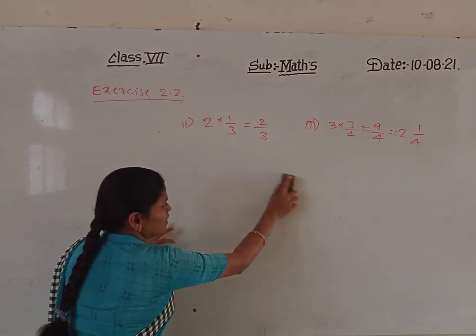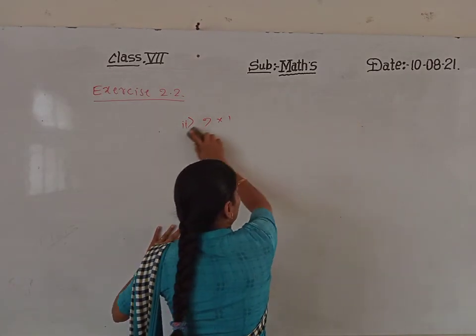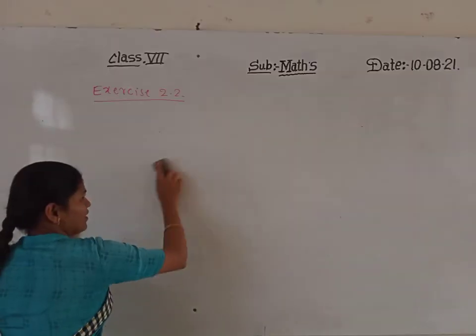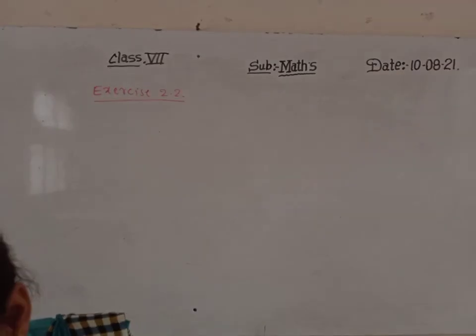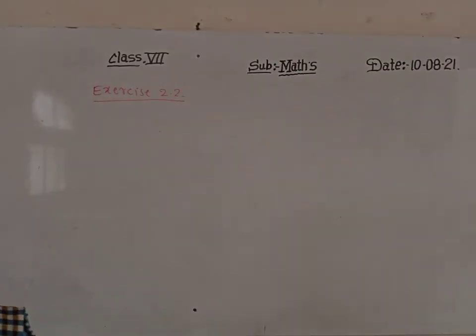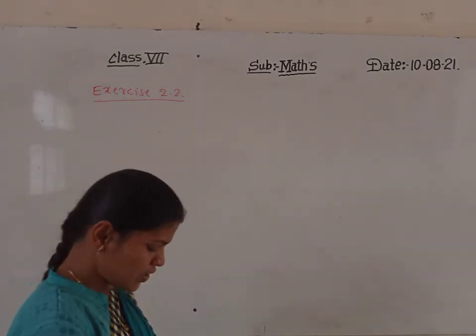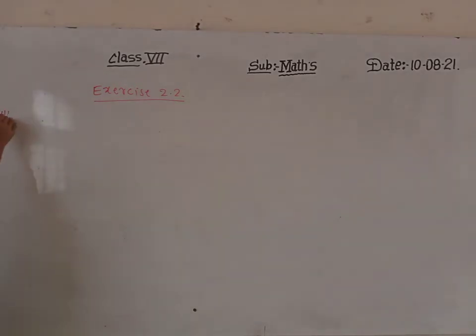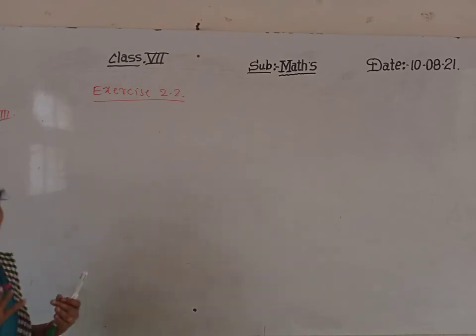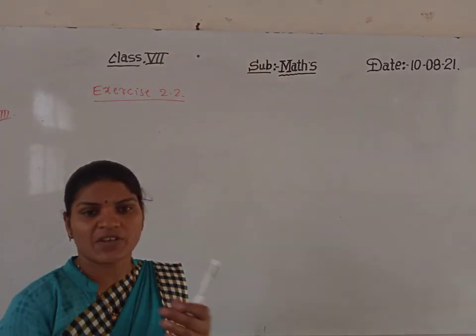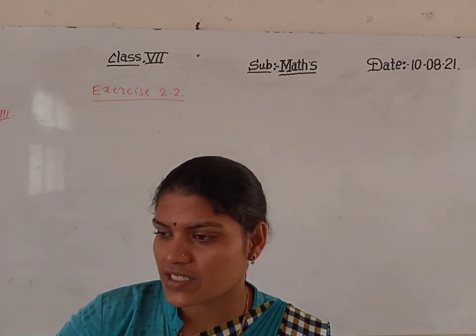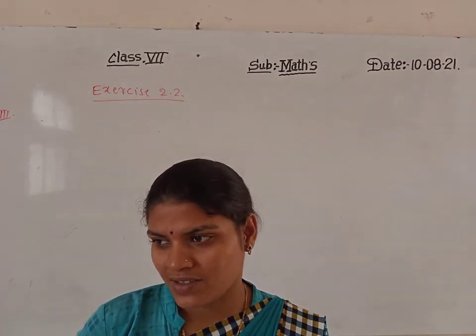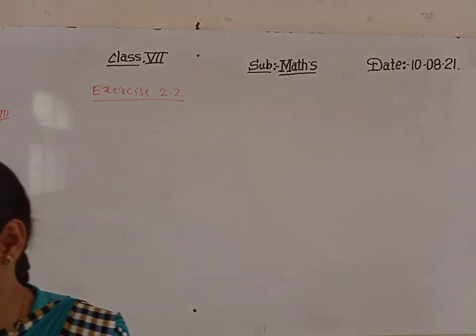Simplest form means there is no common factor between the numerator and the denominator. So what are the fractions he has given? First we have to multiply them. Then we have to keep it in the simplest form. Is it clear? Let the second question be homework. Then continue with the third question.